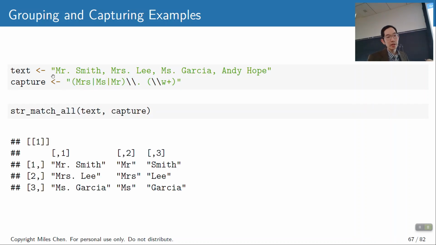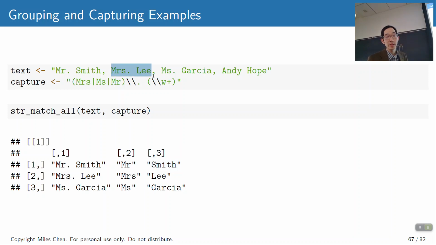So it says, okay, Mr. Smith matches this pattern. And the part that matches this parentheses, which is the Smith, gets extracted as a capture group, okay?